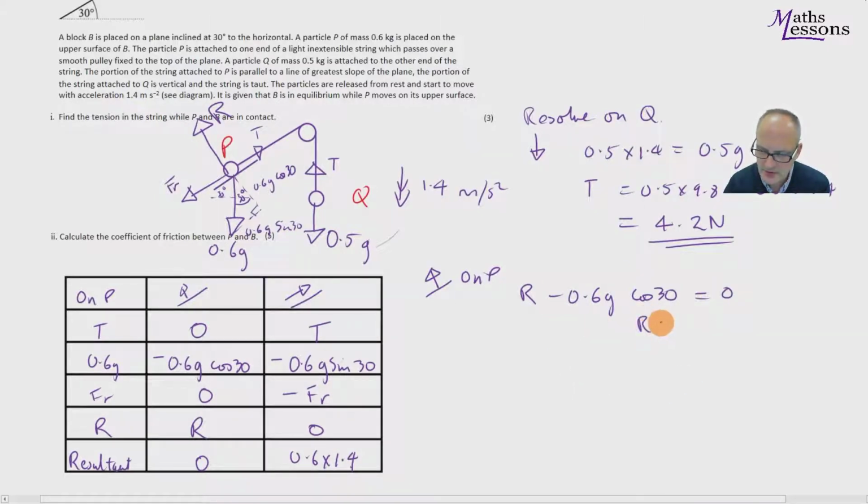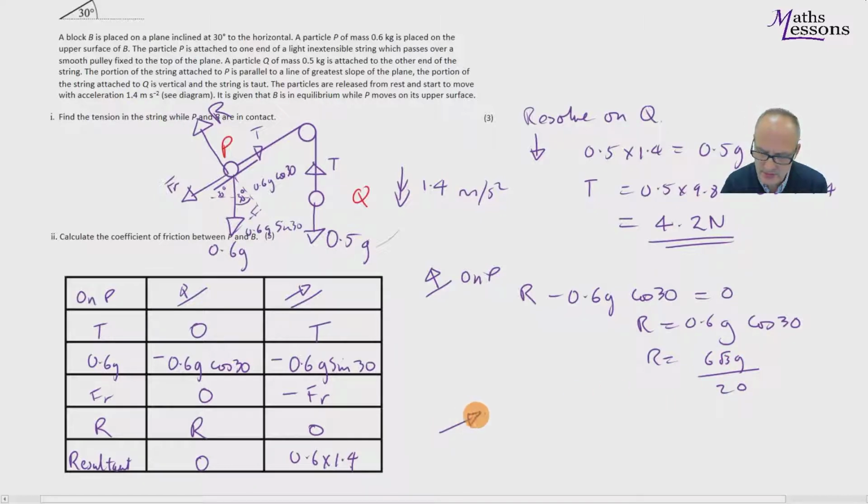So therefore R equals 0.6 G cos of 30. And if we wanted to work that out, cos of 30 is equal to root 3 over 2. So effectively, that's 6/10 times root 3 over 2. So 6 root 3 G over 20 is what you come out with. You can work out the calculator value if you want.